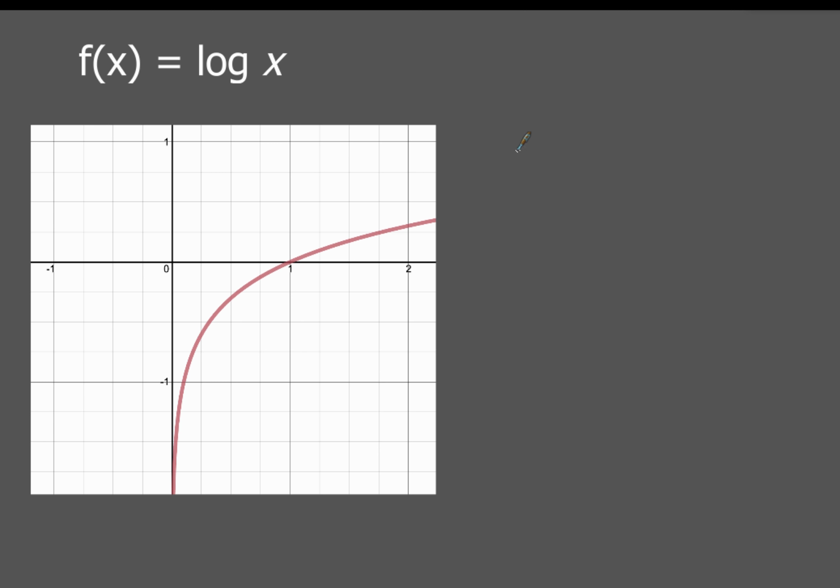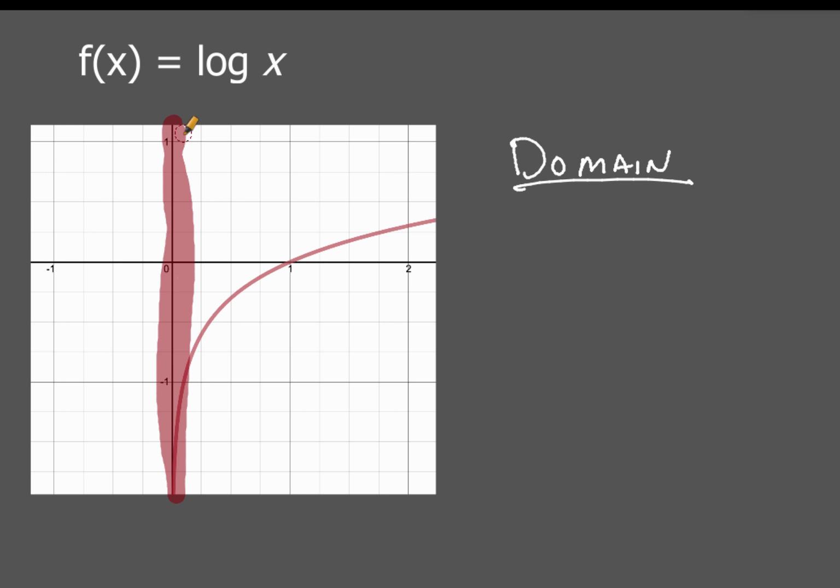Thing number one that I really want to talk about before we get going in this lesson is the domain of this function. I don't really care about the range because I'm going to talk about the domain. Notice the domain: nothing is going to cross the y-axis, which means all of our x's have got to be greater than 0.